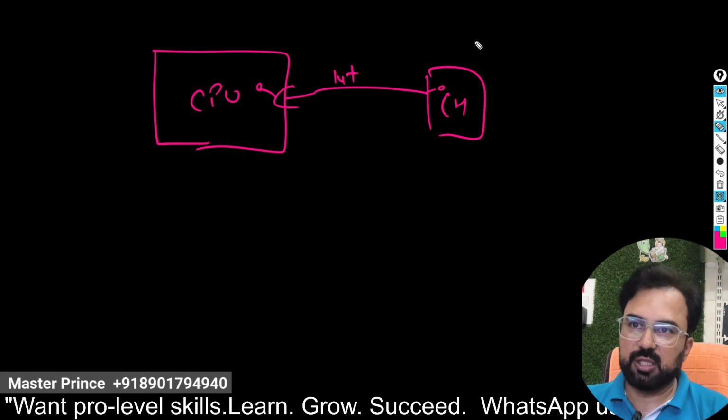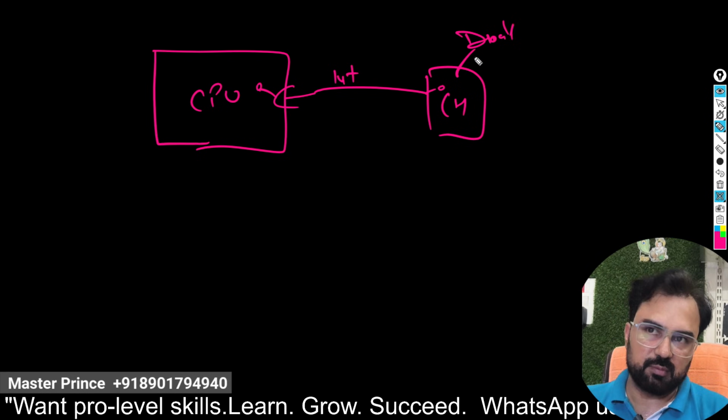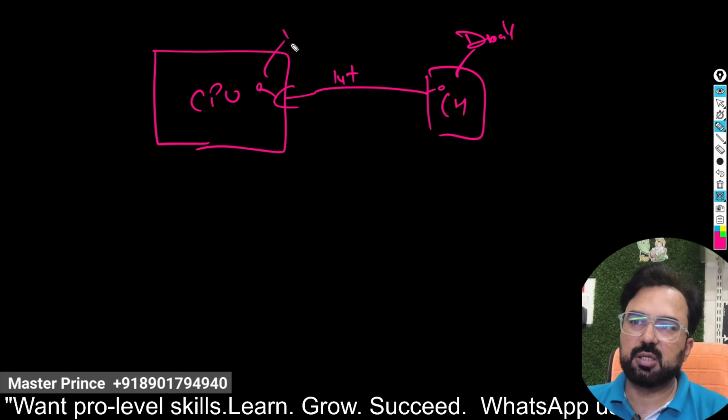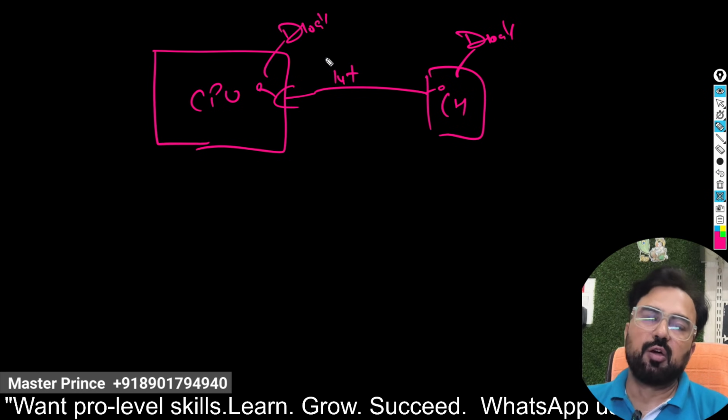This IC has a diode value, the charging IC diode value, and there is a CPU diode value. Now for testing, whether this line is connected or not, by chance this line may be broken, this kind of issue.